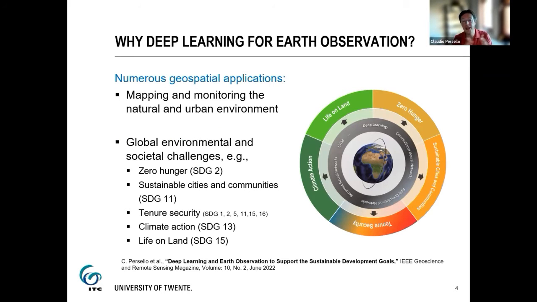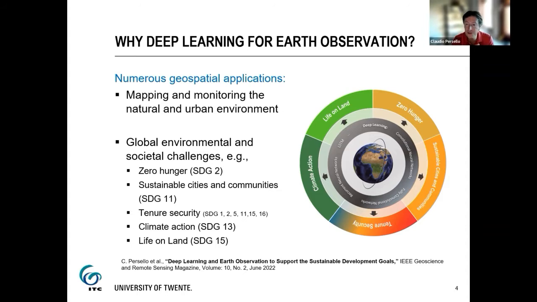Among the many applications that we could mention, I would like to also specifically talk about the opportunity that we have right now to use deep learning and Earth observation data to address some of the most pressing global societal challenges, like those identified by the UN Sustainable Development Goals.